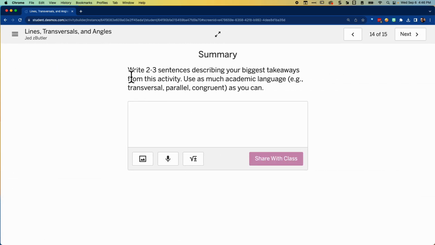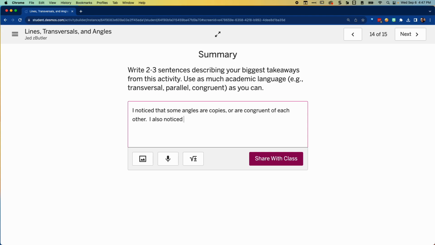Awesome. Write 2 to 3 sentences describing your biggest takeaways from this activity. Use as much academic language as you can. So I noticed that some angles are copies or are congruent of each other.